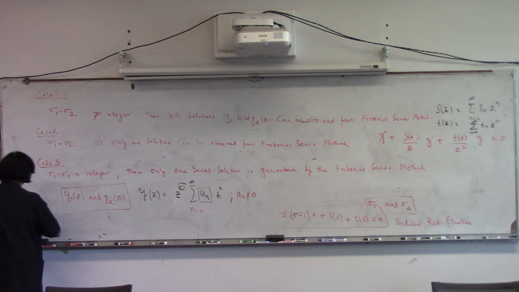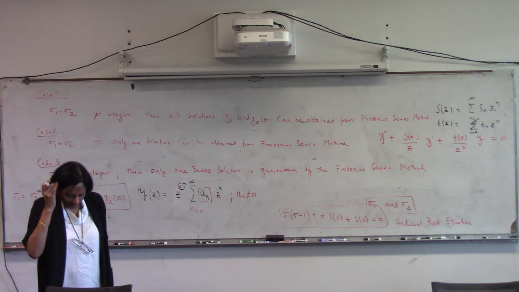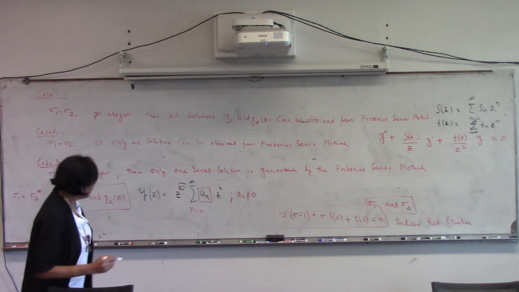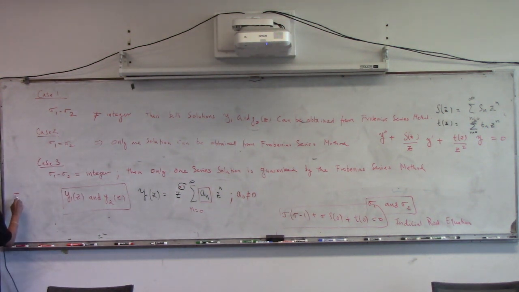I mean, if sigma 1 is equal to the complex conjugate of sigma 2, or the other way around, sigma 2 is sigma 1 star. So the second root is the complex conjugate. What is sigma 1 minus sigma 2 in this case?